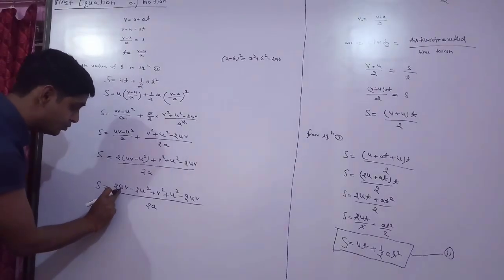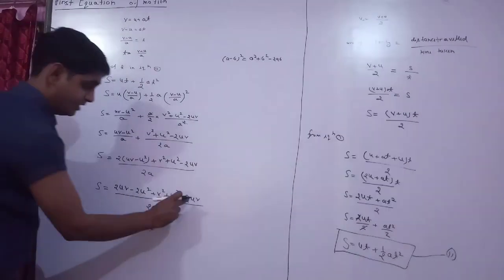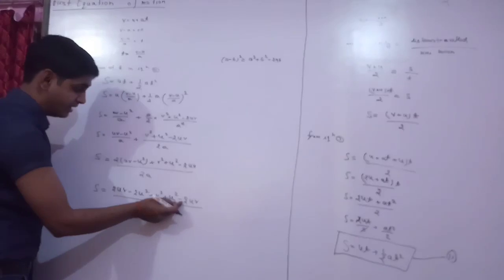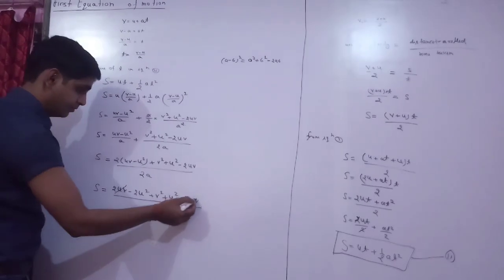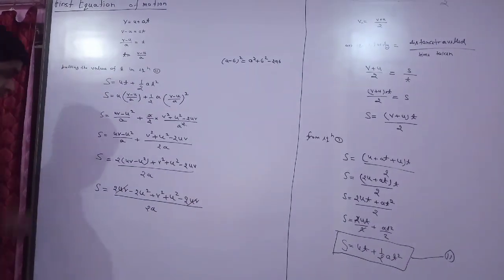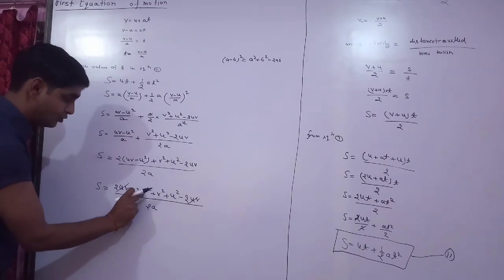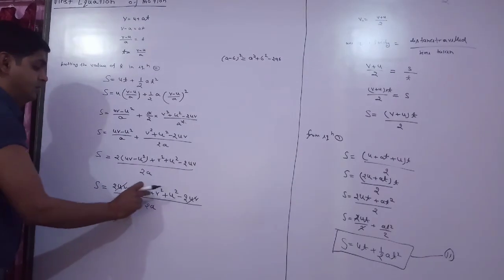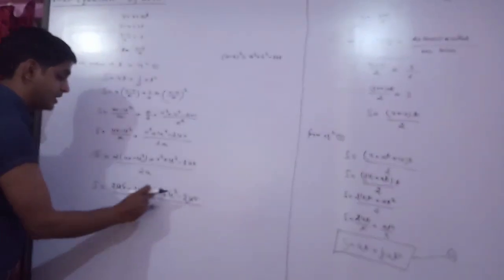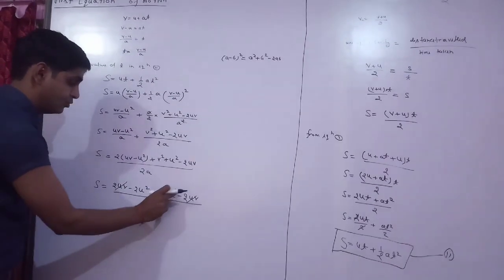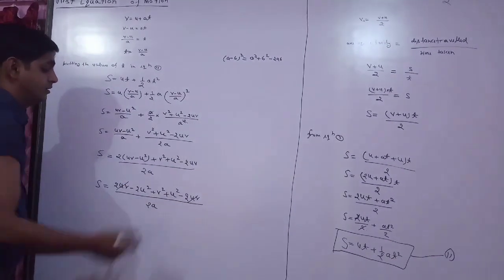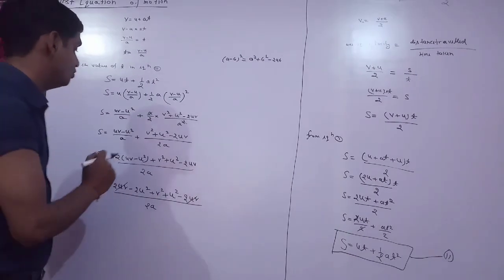Please see on the board, this is plus 2uv, this is minus 2uv, so they cancel out. This is minus 2u square, this is plus u square. After subtracting, remain u square.